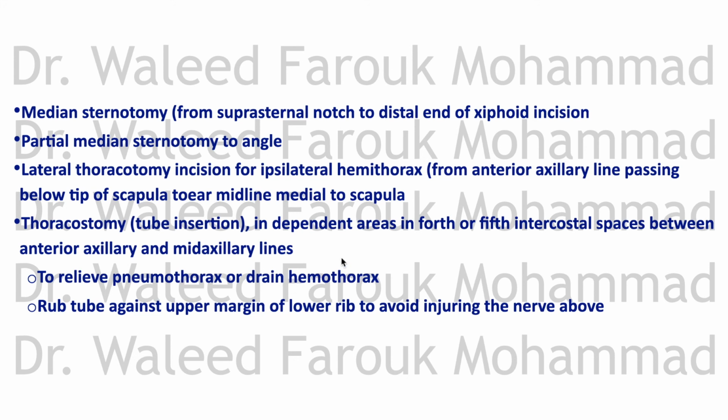If you're going in the fourth space, for example, you rub against the upper margin of the fifth rib to avoid injuring the nerve, which is barely covered by the costal groove of the fourth rib. Okay, you got the idea?